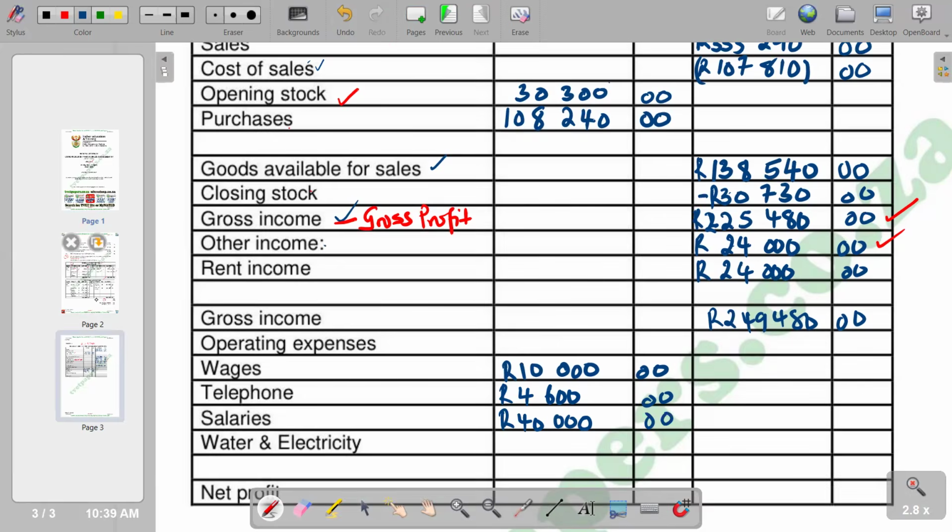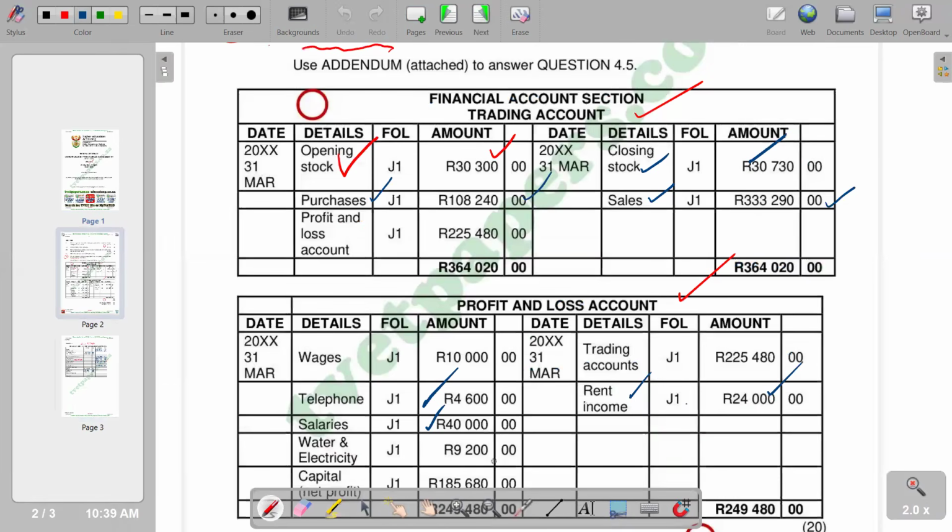Then water and electricity, we check again what we have. We have got 9,200.